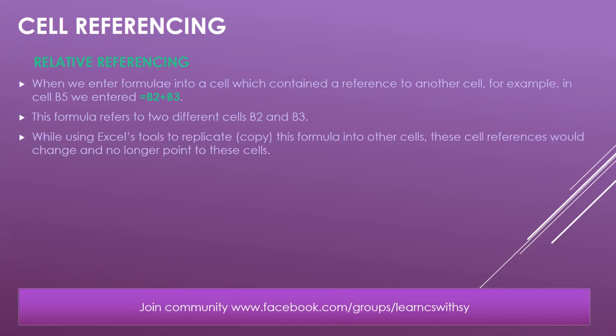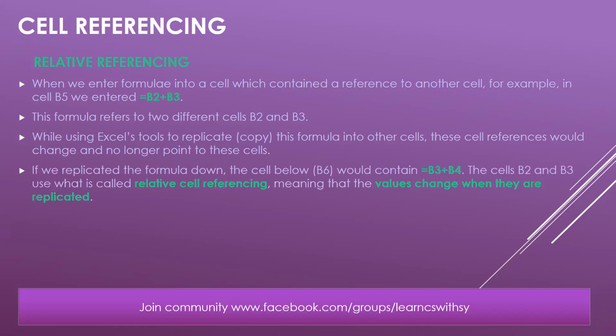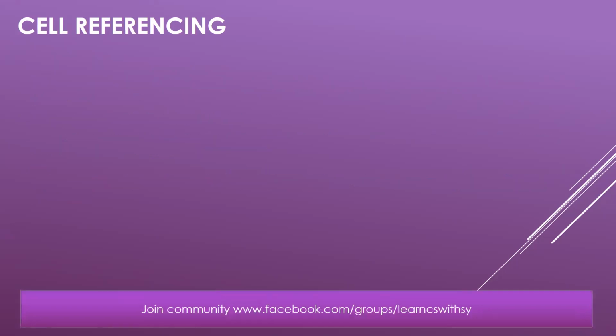Now, whenever you're performing the copy operation and you are copying the formula down, then the formula is supposed to change. It should not be referring to B2, B3 anymore. It should now be referring to B3 and B4. In this manner, the cell references do change whenever they are copied down. And that is called relative cell referencing. And it means that the values change when they are replicated.